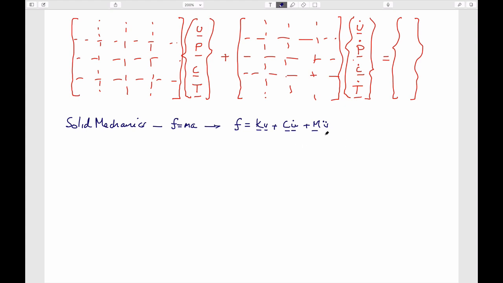I don't think I said so at the time, but I'll say now that this mass matrix would actually be the same as the storage matrix. So it would be a density multiplied by the integral of B transposed B dV, this M matrix.